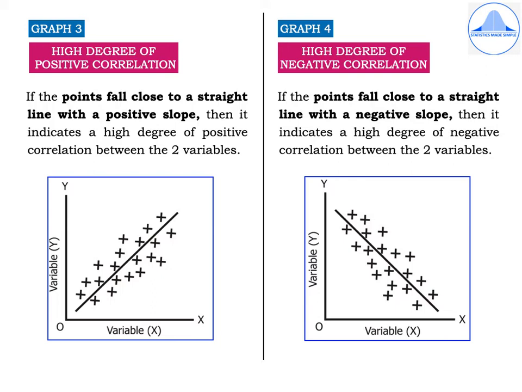Similarly, we have graph 4, which indicates a high degree of negative correlation. So if the points are close to a straight line with a negative slope, then it indicates a high degree of negative correlation between the two variables.